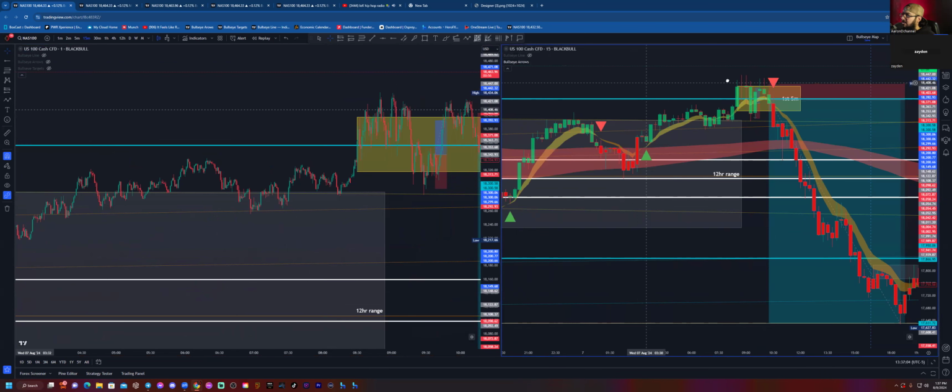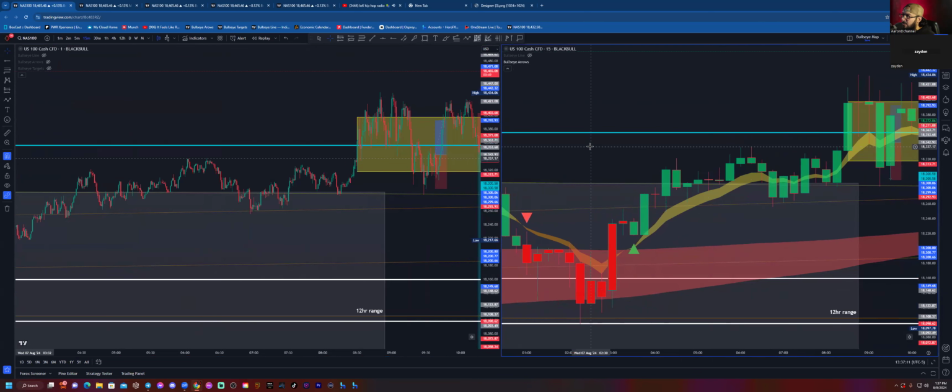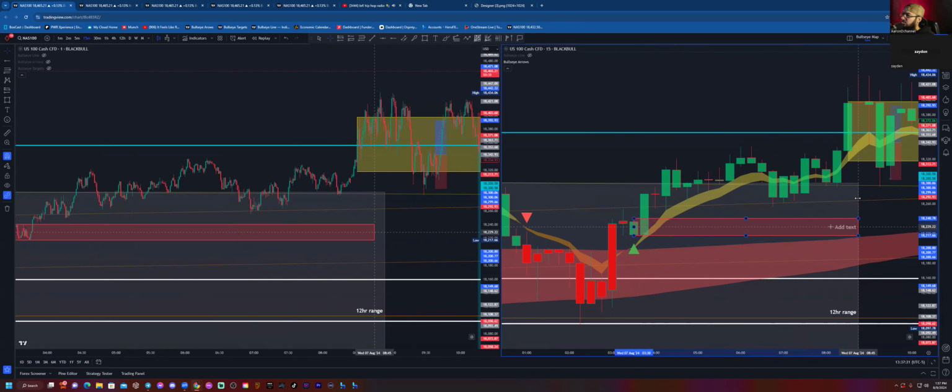And what is the most recent arrow that's printed? It's green, right here. So I'm going to mark that up. I'm going to draw it out, and I'm going to make it green. Going up.